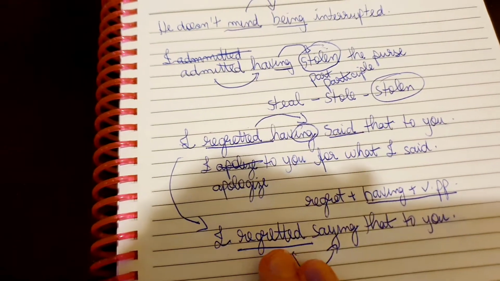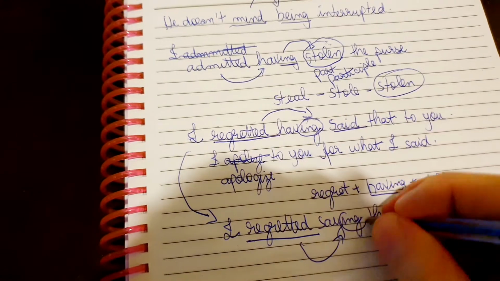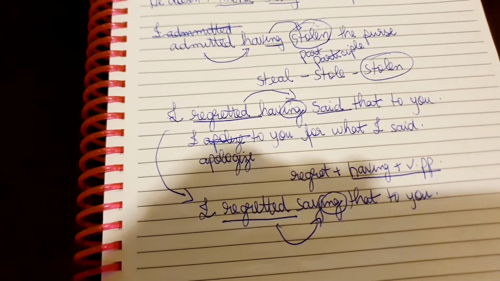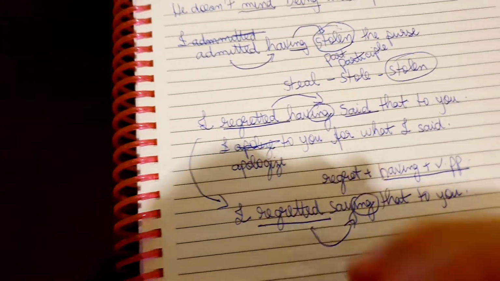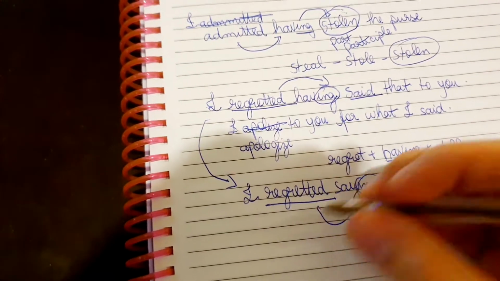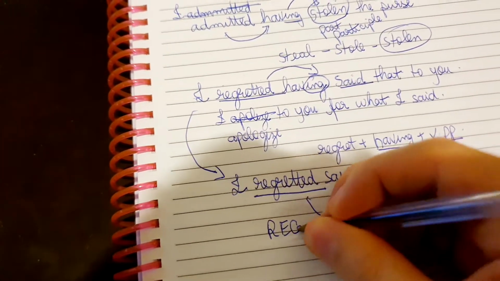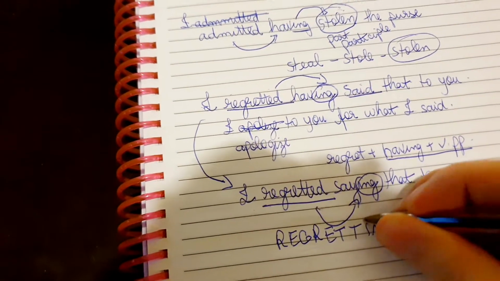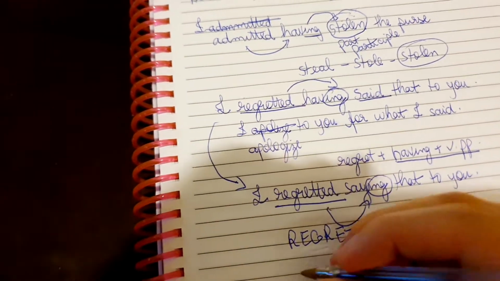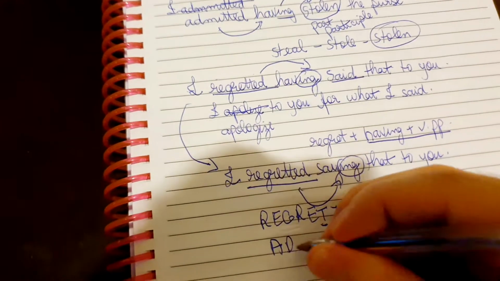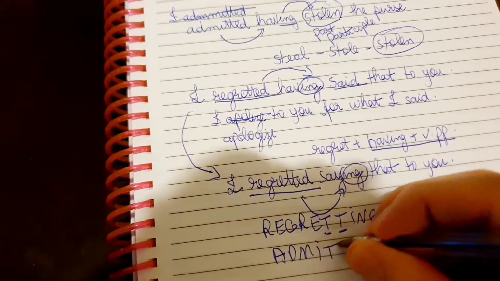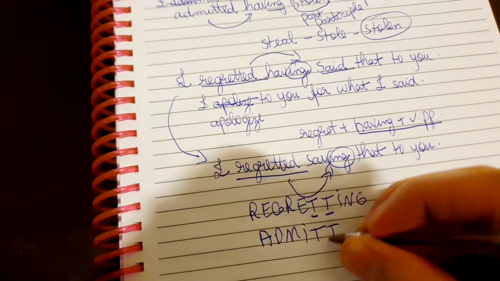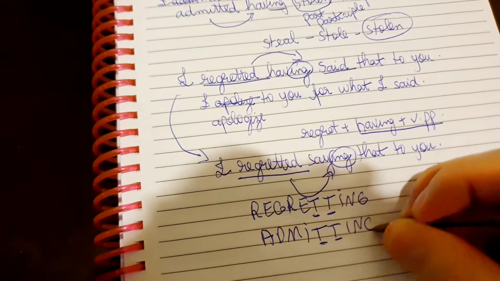You use the verb regret, and the next one you put ing, right? As usual. Don't forget, the verb regret, I have to double the last consonant before putting ing. The same way, the verb admit, I have to double the last consonant in order to put ing.